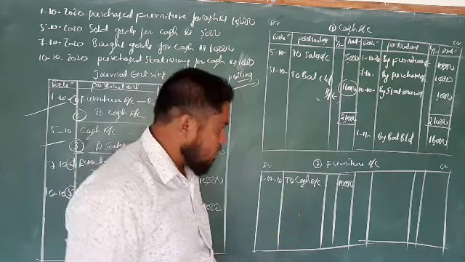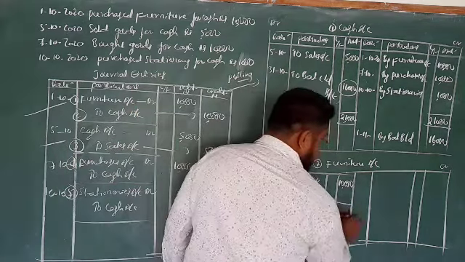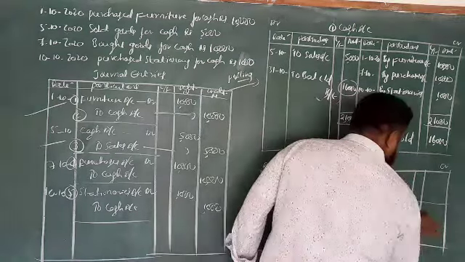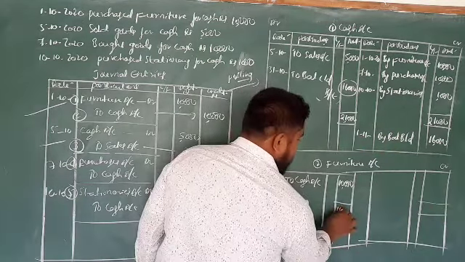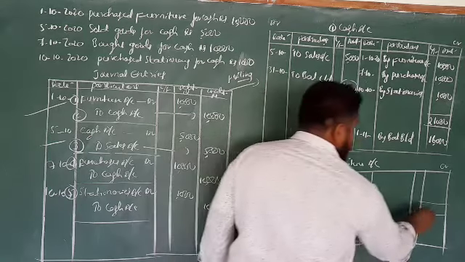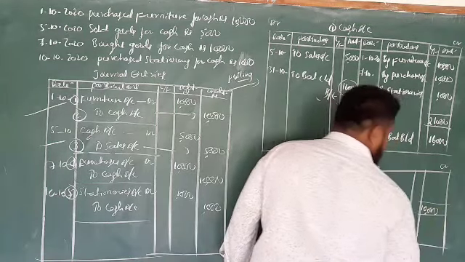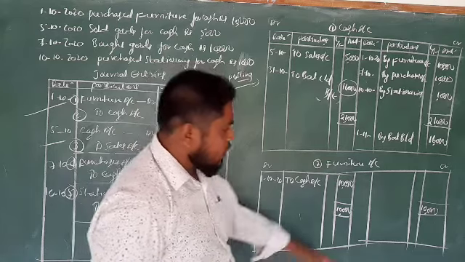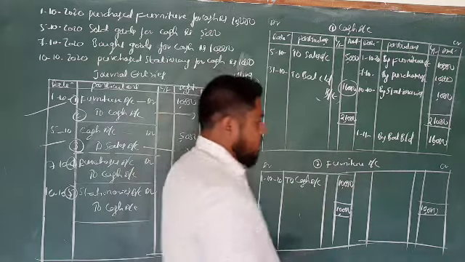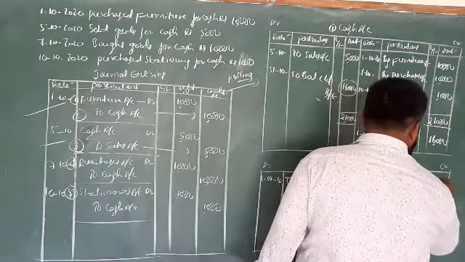So, we can close this furniture account. So, credit side there is no amount here. 10,000. So there is no balance to minus, the same amount we can write 10,000.